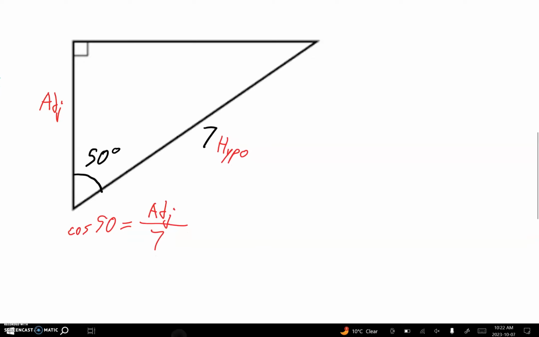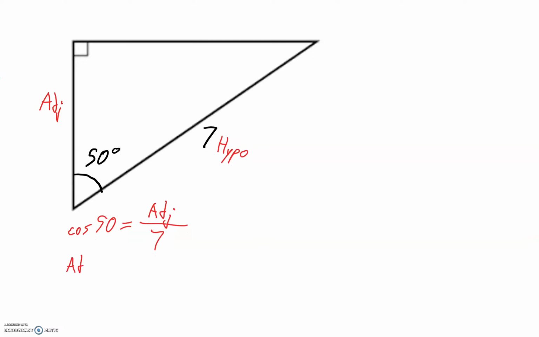We're going to move that 7 over, so adjacent equals 7 times cos 50. 7 cos 50 gives us 4.5 once I round it.